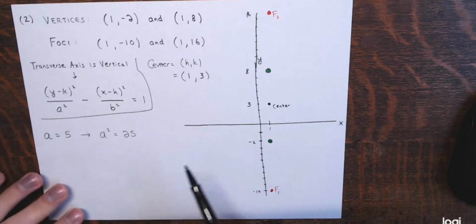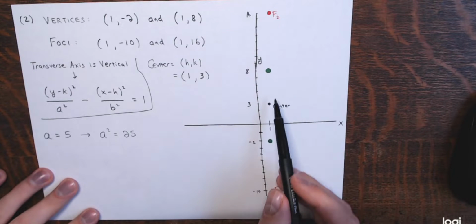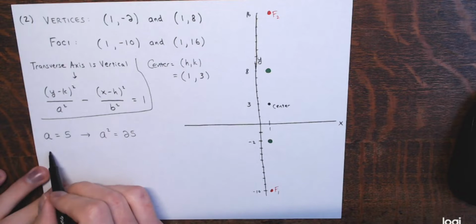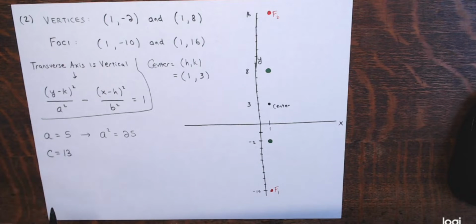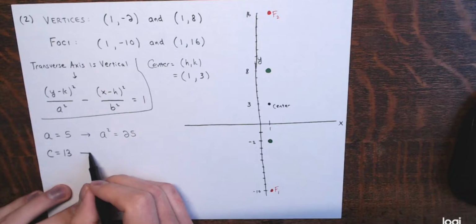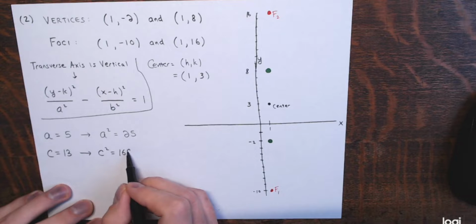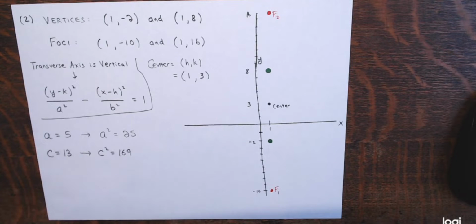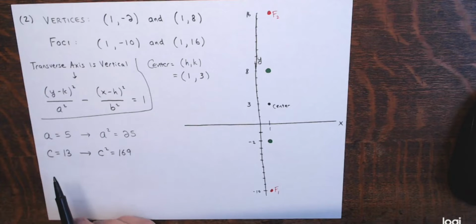And then we know the distance from the center to a focus. From 1, 3 to 1, 16, or from 1, 3 to 1, -10, that's 13 units. So c is 13, meaning that c squared is 169. But I don't want c squared for the equation, I want b squared. I want that distance to a co-vertex squared.